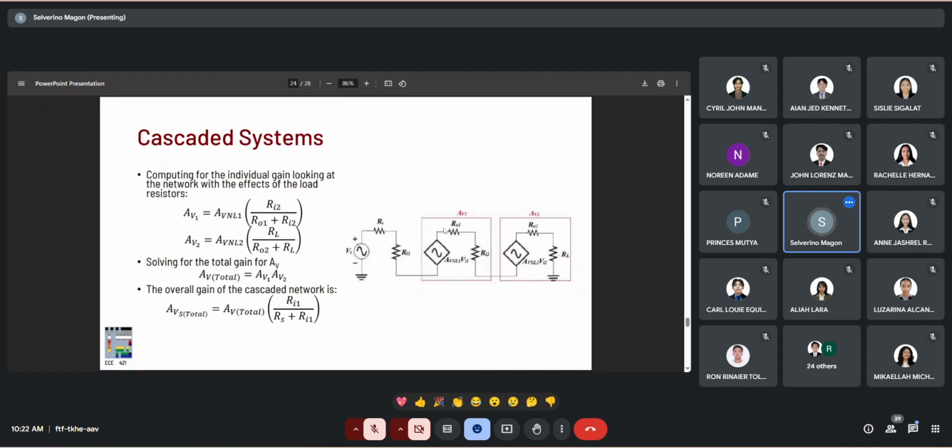So we have RI, RO here for the first section, and RI, RL and RO2 here for the second section. Solving for the total gain AV is just the combination of AV1 and AV2. The overall voltage gain of the cascaded system is AV total times RI1 divided by RI1 plus RS, the voltage divider network right here.